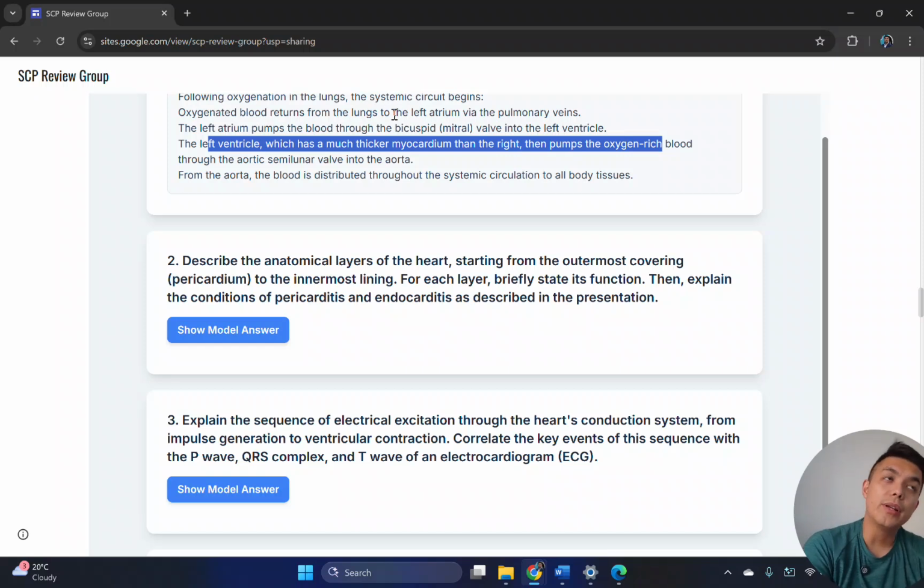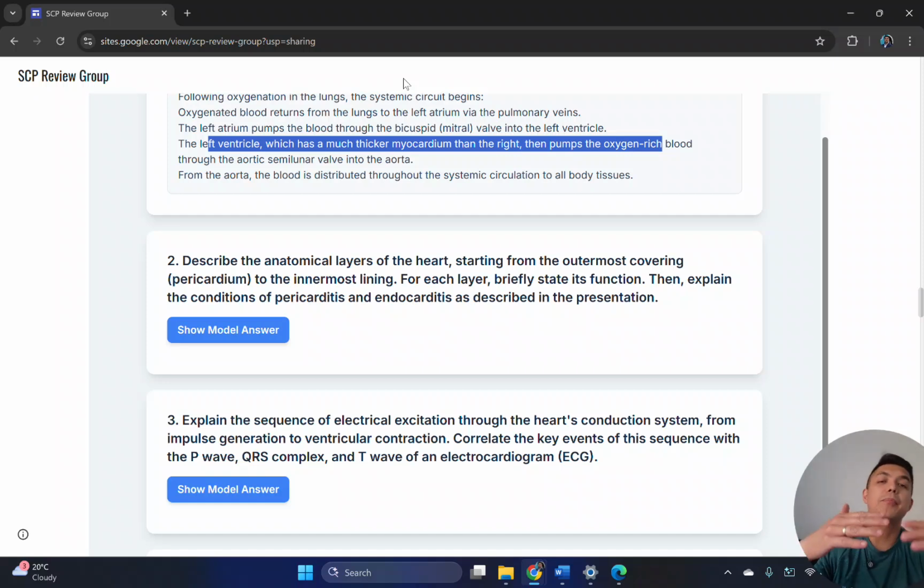And one really cool fact about the heart is that it gets its blood supply during ventricular relaxation.